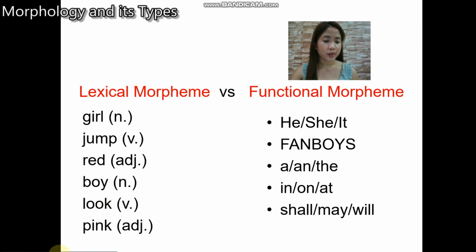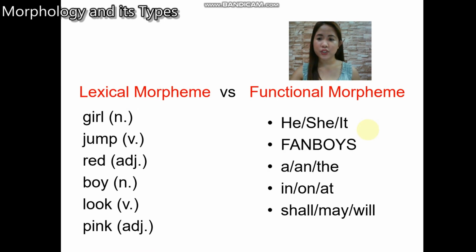Now let's have the word pink. If we try to add another morpheme to the word pink, it becomes pinkish, which also functions as an adjective. So these are the examples of the lexical morphemes. Again, we can add morphemes to these words.